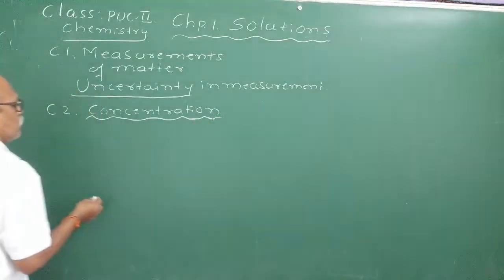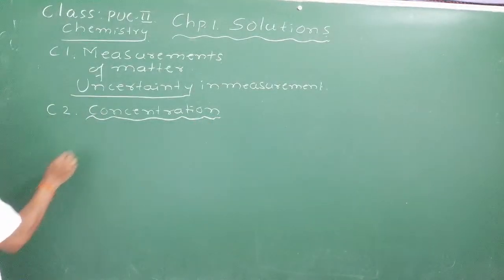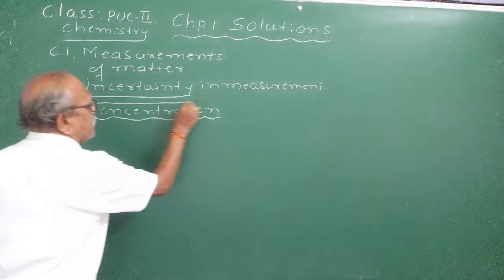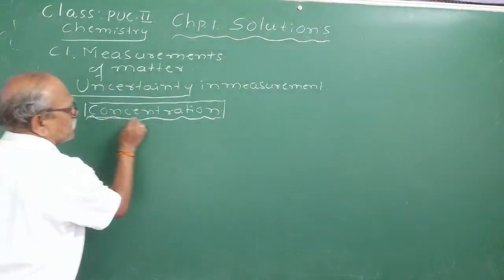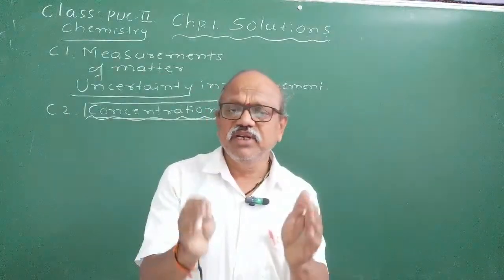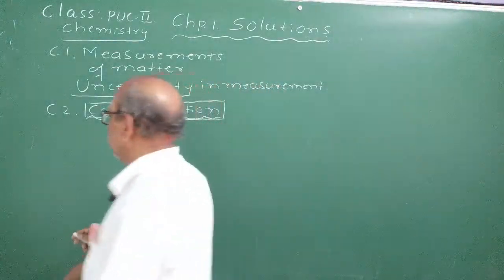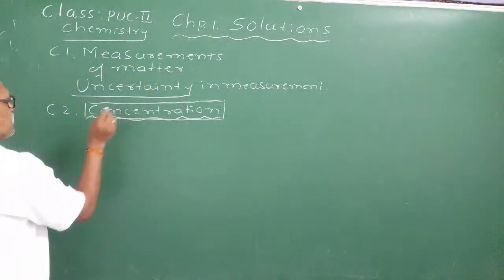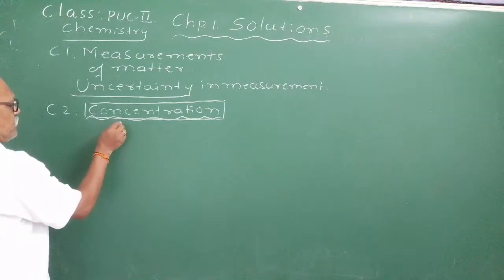In the last class I told you that there are some important units of concentration, meaning the amount of the substance present in a given volume of the solution. This is concerned with stoichiometry.